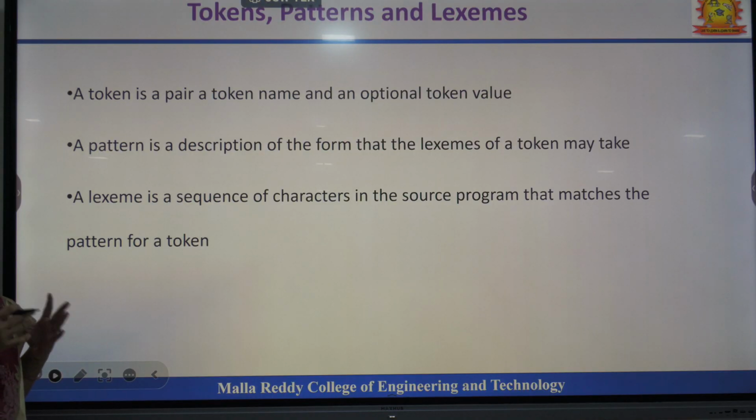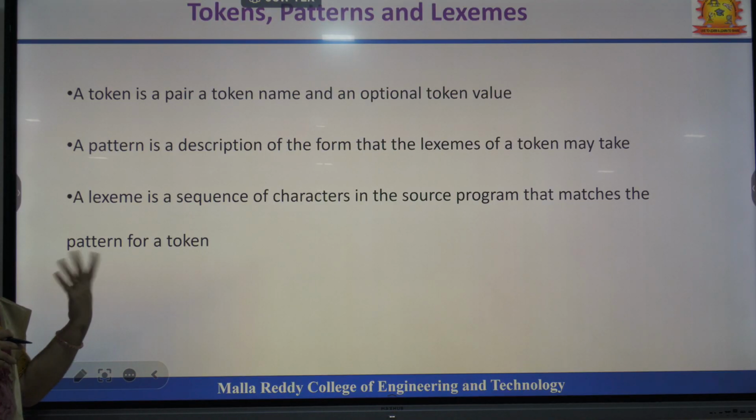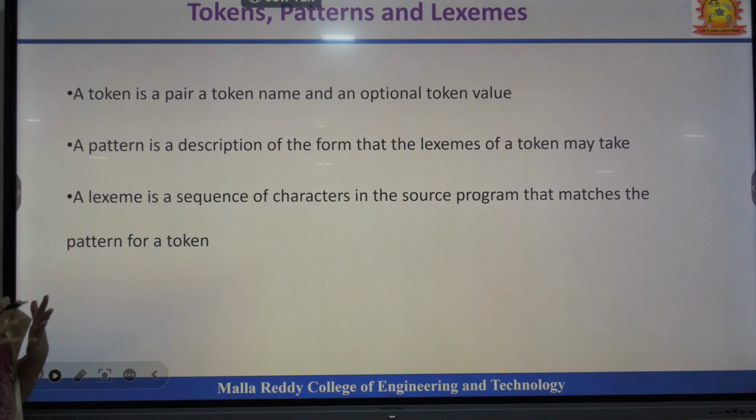These lexemes are given to the token generator, so that the token generator will identify whether we can form a token or not by making use of patterns. What is a pattern? For each and every token there is a specific pattern. For example, an identifier should start with an alphabet, and from the second character onwards, it may be an alphabet or a number.